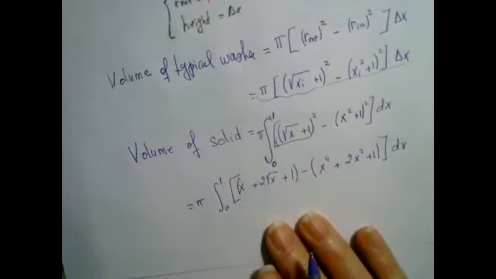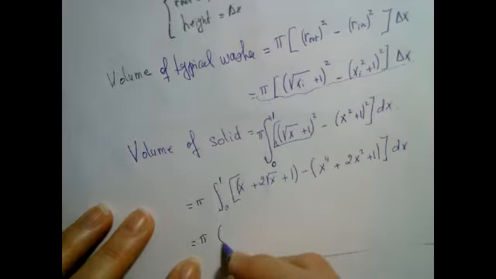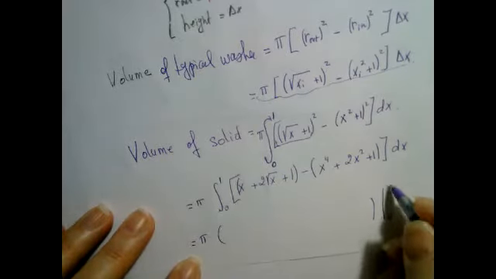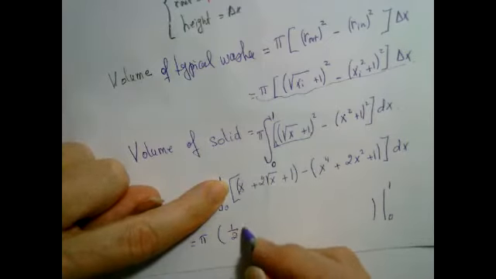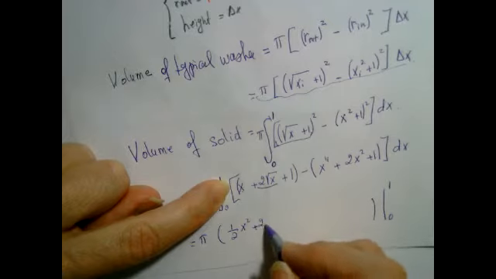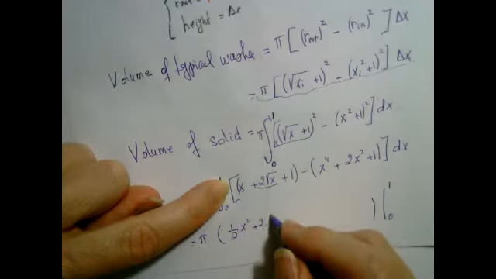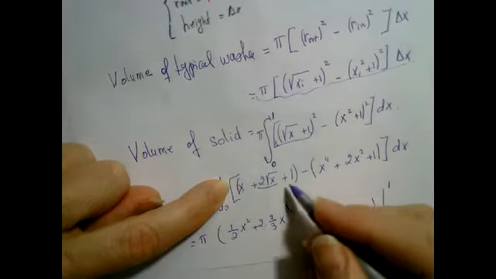The rest becomes a simple integral between 0 and 1. We do each one. Antiderivative of x is a half x squared. Antiderivative of square root of x is 2 times 2/3 x to the power 3/2.